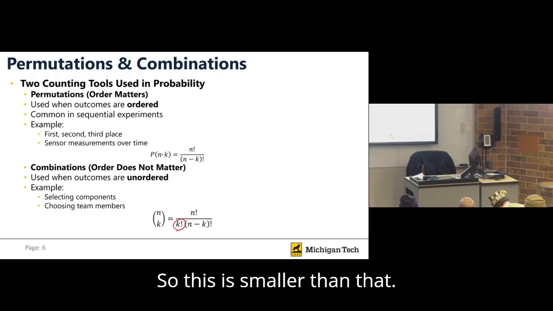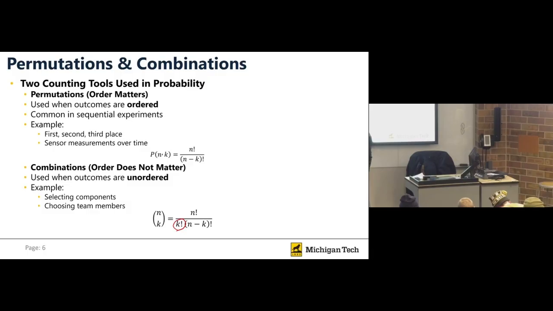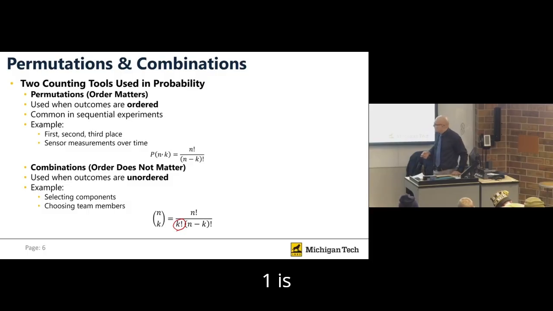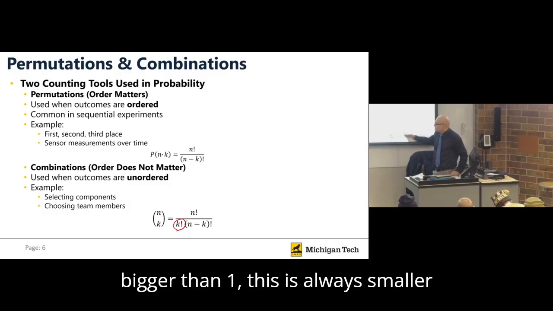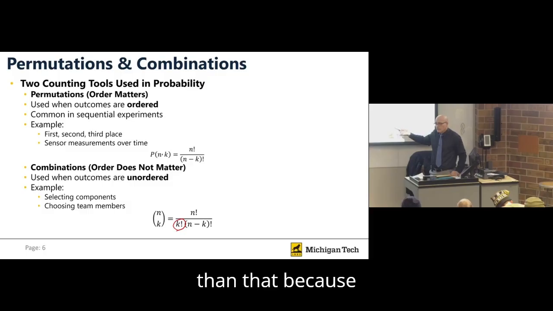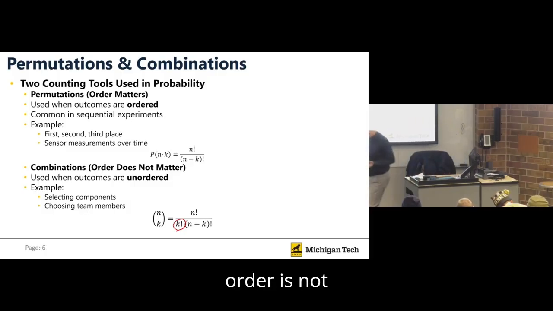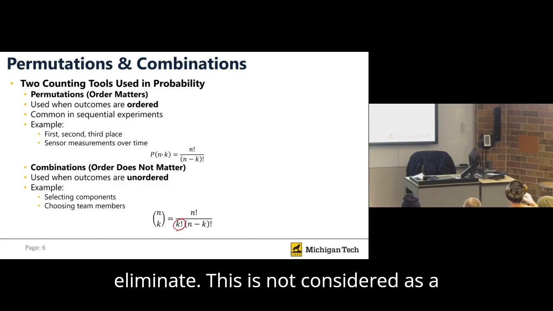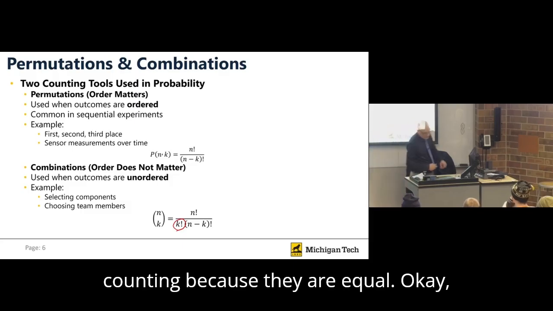So this is smaller than that if k is bigger than 1, because order does not matter. Selecting R1, R2, R3 is exactly similar to R2, R1, R3. We eliminate. This is not considered as a count because they are equal.